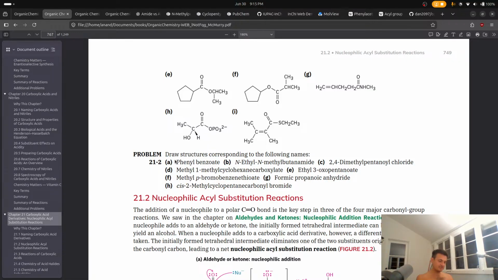Oh, so I think it's actually like this. This is 1-methyl. Or it's methyl 1-methyl, cyclohexane carboxylate.